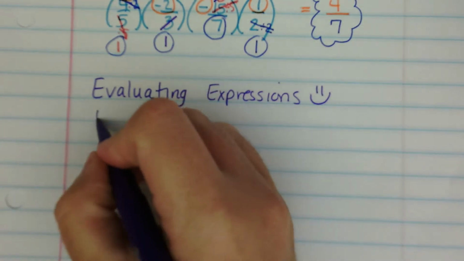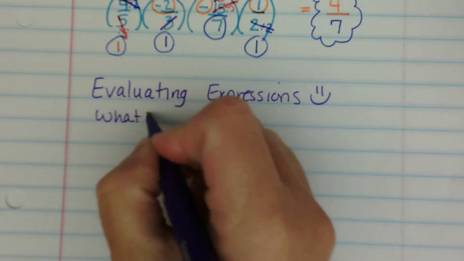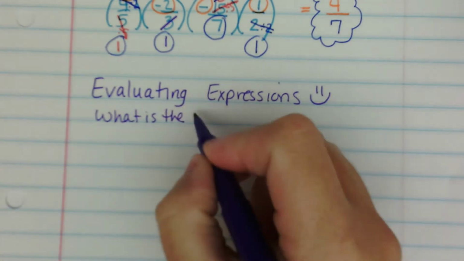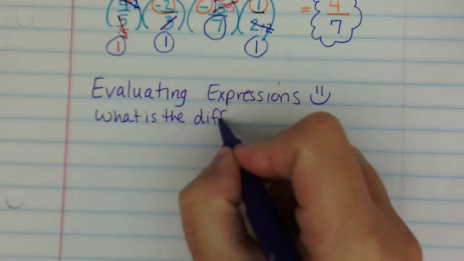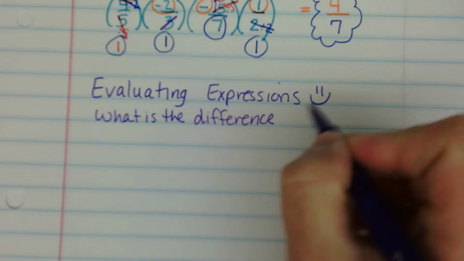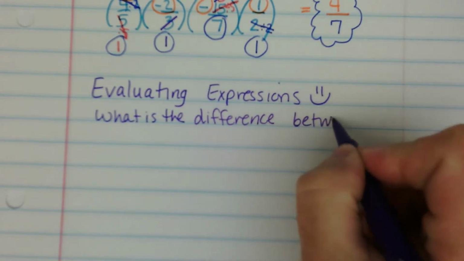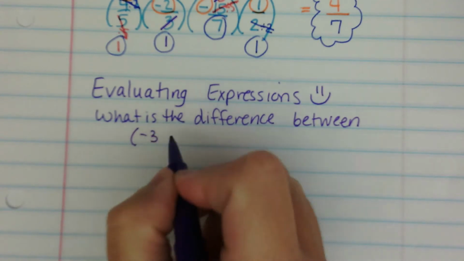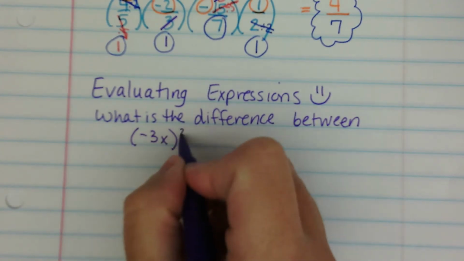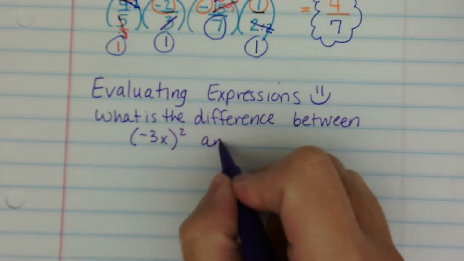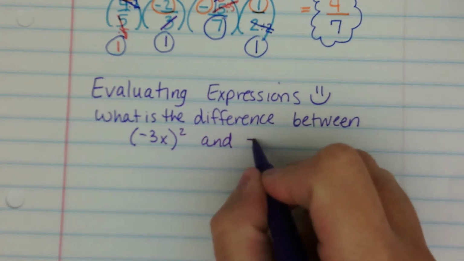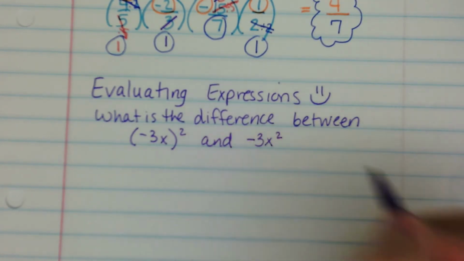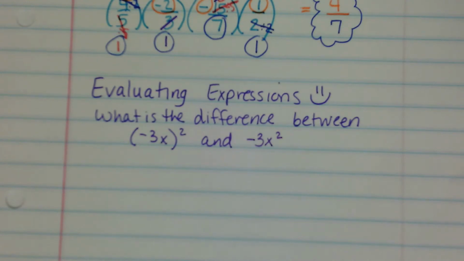What is the difference? This is like a compare and contrast. What is the difference between these two expressions? Negative 3x squared and negative 3x squared. What do you notice?